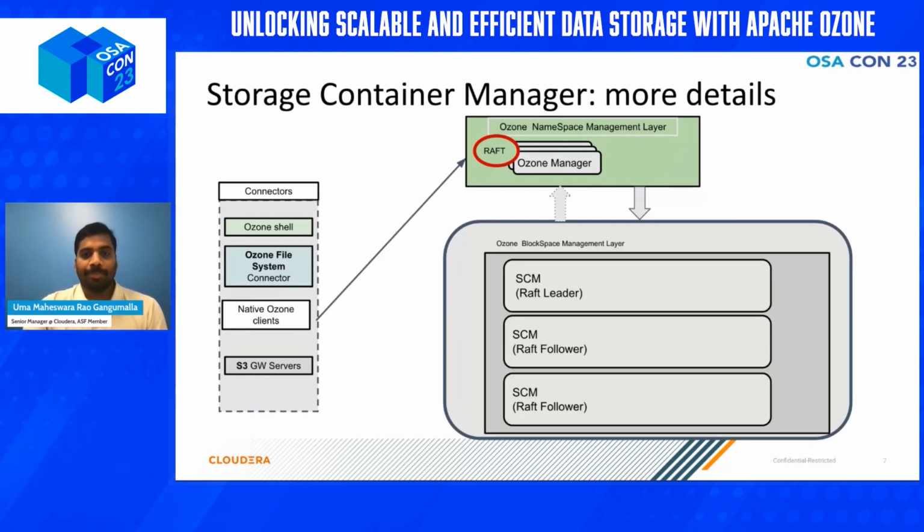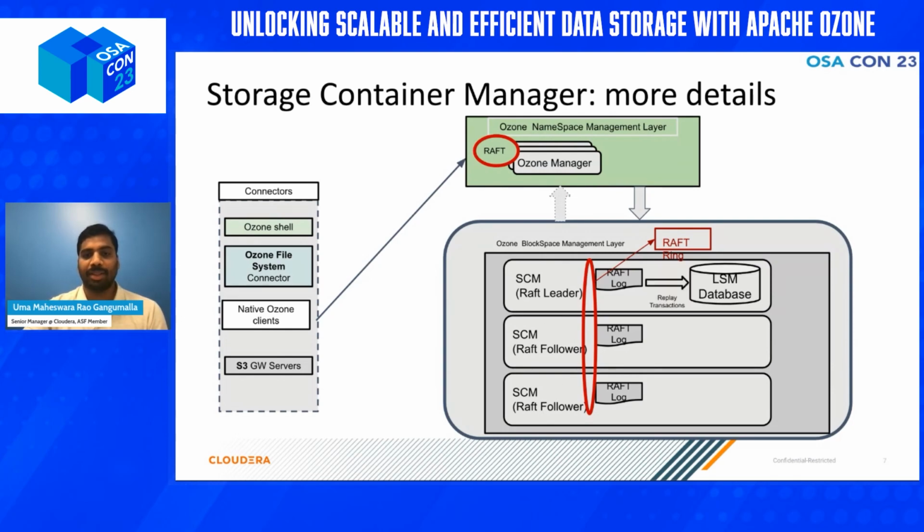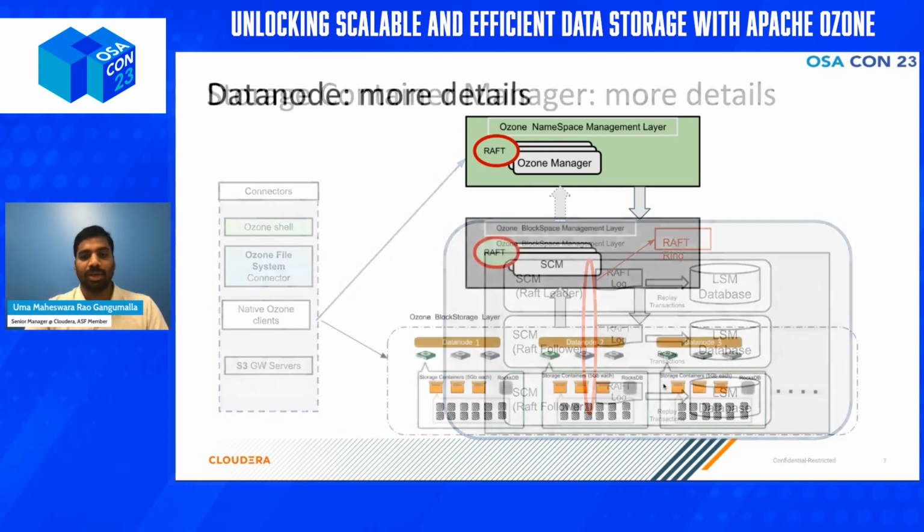At the block space level, for how the blocks are replicated, we still use Raft at the block level also. When data is sent to the leader within the data nodes, it forwards that data to the followers.